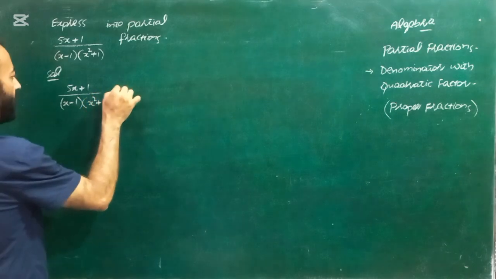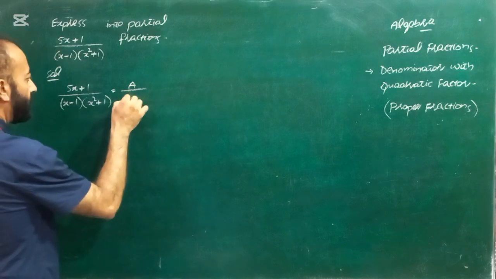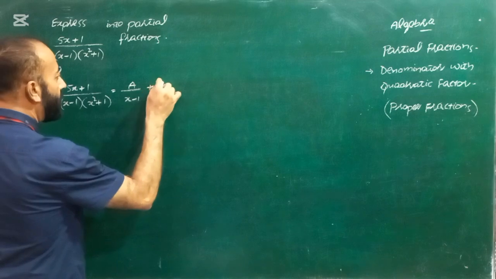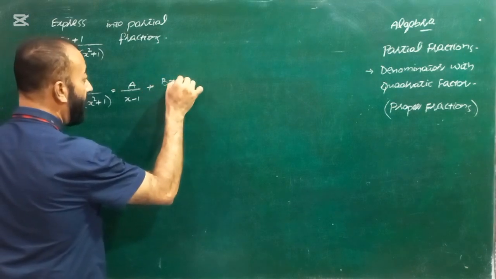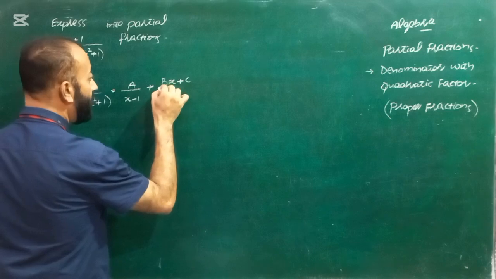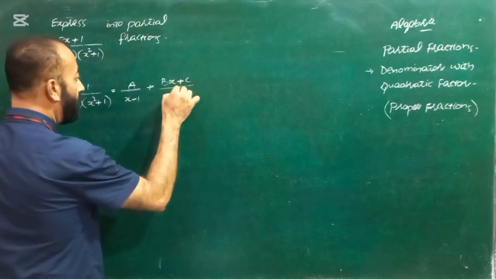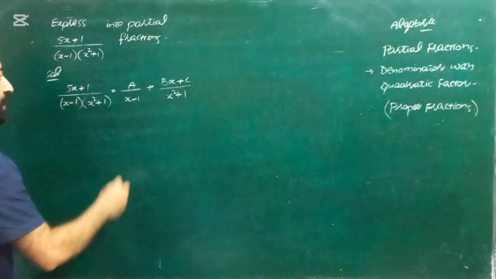So the method is a over linear factor and plus bx plus c. So listen again, bx plus c over quadratic factor, that is x square plus 1. So this will be the method.